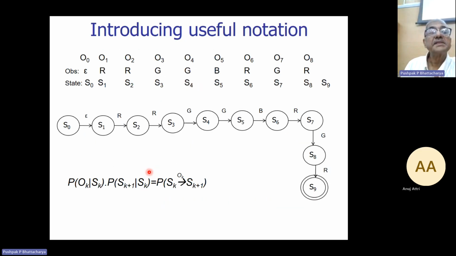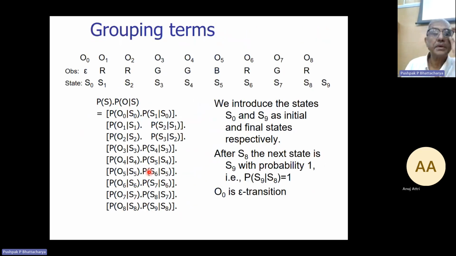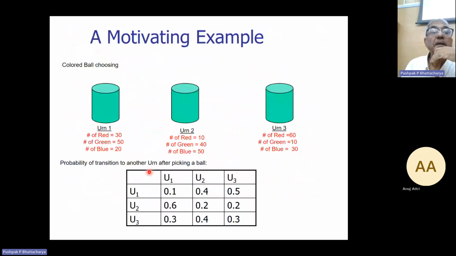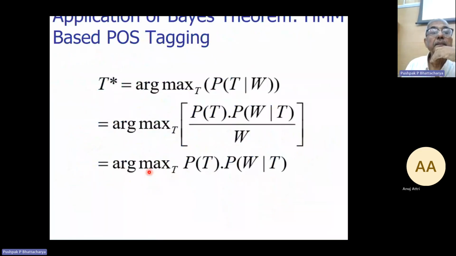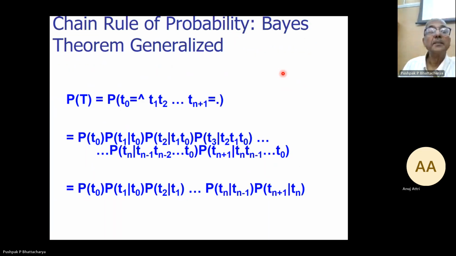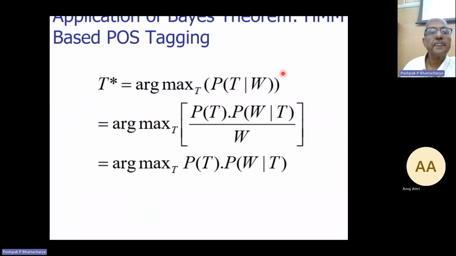Okay, so now let's apply this idea to sequence labeling. For example, we are labeling the sentence here, "I bank on the river bank." We are doing part of speech tagging. So here, the problem is formulated as follows.